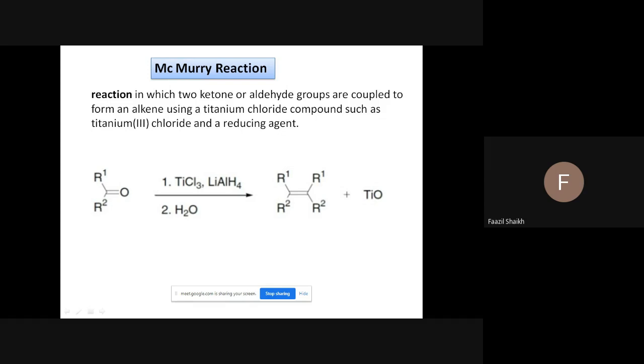For example, the carbonyl of amide is also reported. The carbonyl of ester is also reported in a few research articles. So this is the reaction, and this is the side product of this reaction. We can write here two titanium oxide.